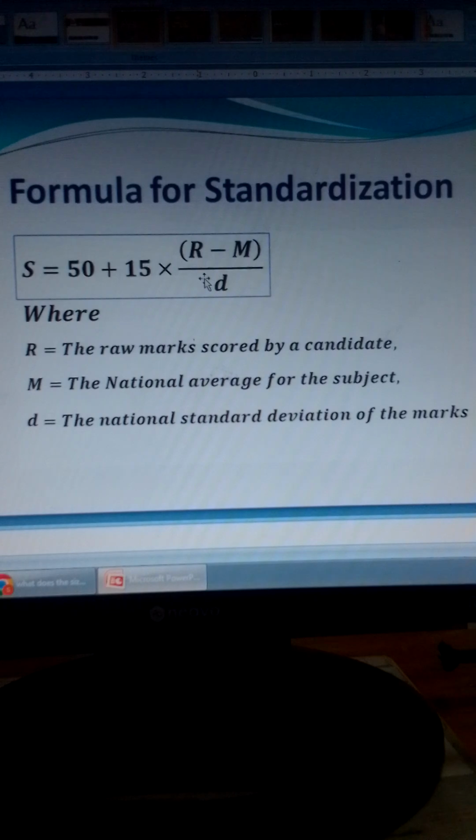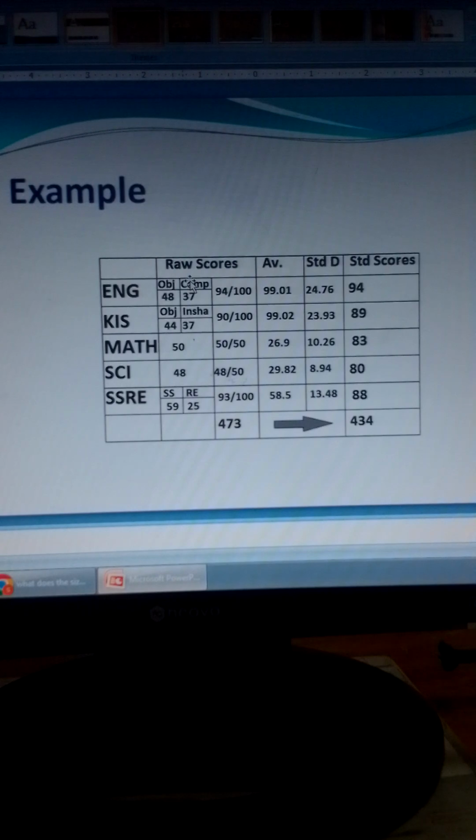So when you simplify this equation, you find that the standardized score in mathematics for this student comes to 83%.